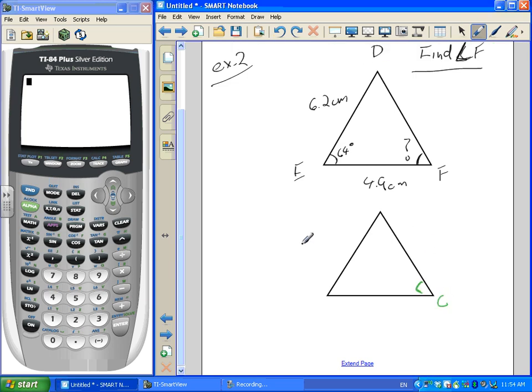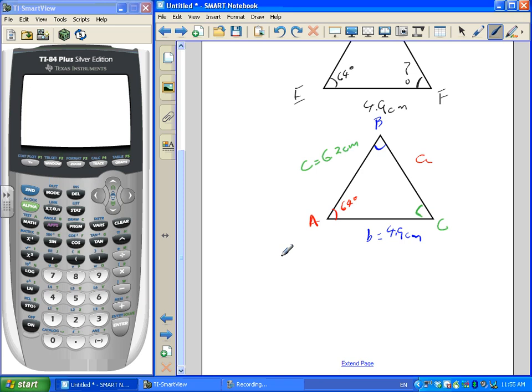Which is going to make this side C, which is equal to 6.2 centimeters. And again, A and B are not that important, so this we'll call angle A, 64 degrees, side A, and angle B, side B is 4.9 centimeters. Okay? So we've renamed this triangle. We need to solve for angle C.